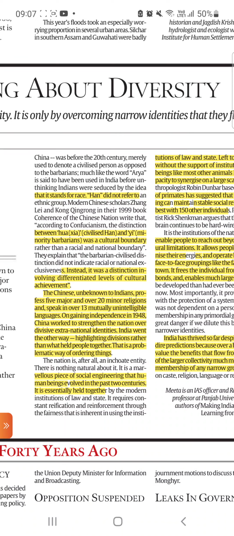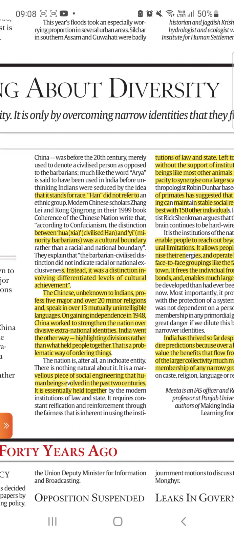Chinese, unbeknown to Indians, profess 5 major and over 20 minor religions, and speak over 13 mutually unintelligible languages. On gaining independence in 1948, China worked to strengthen the nation over the divisive extra-national identities. India went the other way, highlighting the divisions rather than what held people together.